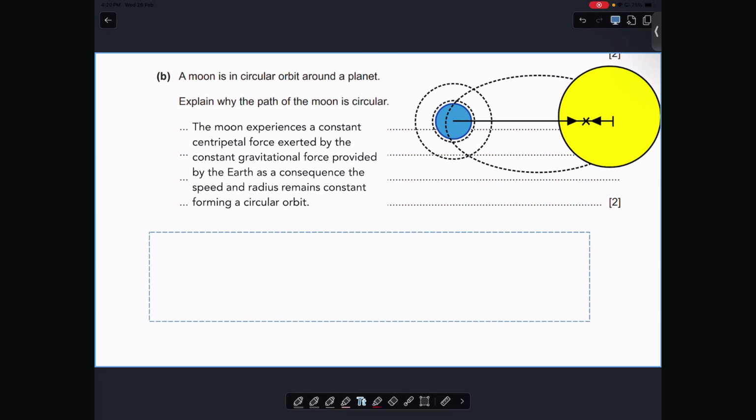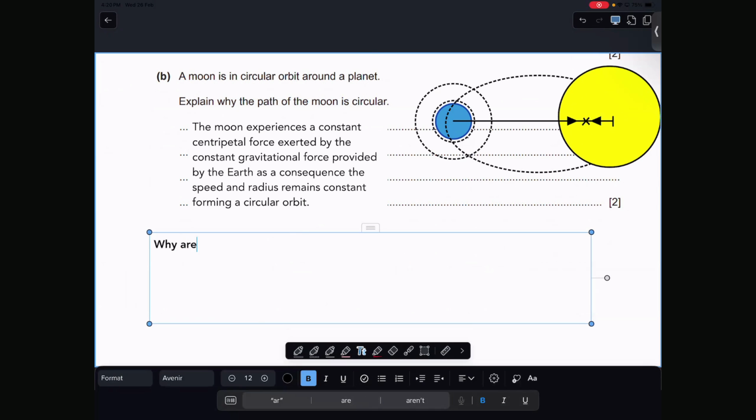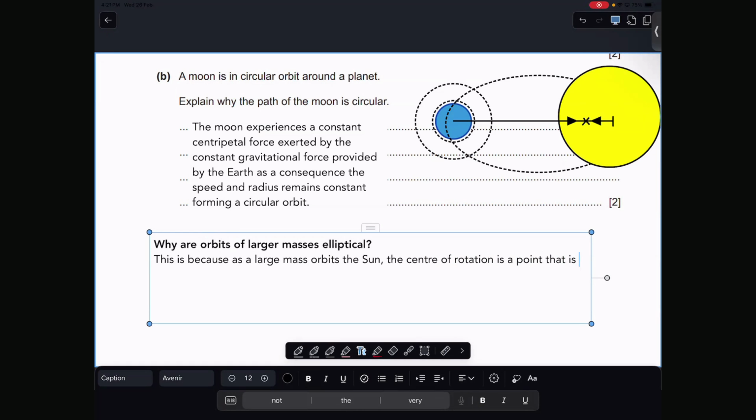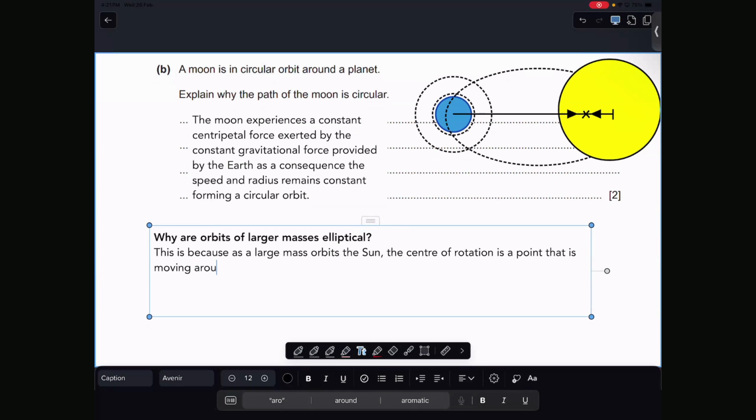Yes. So in addition, why are orbits of larger masses elliptical? So the answer to this is because as a large mass orbits the sun, the center of rotation is a point that is moving around between the Earth and the sun.